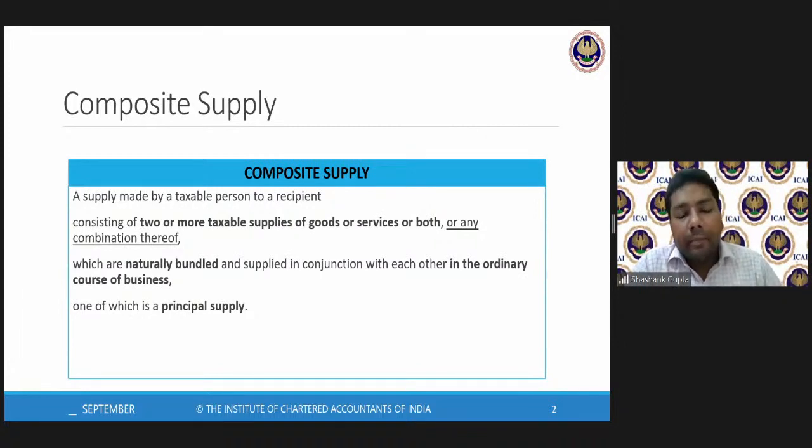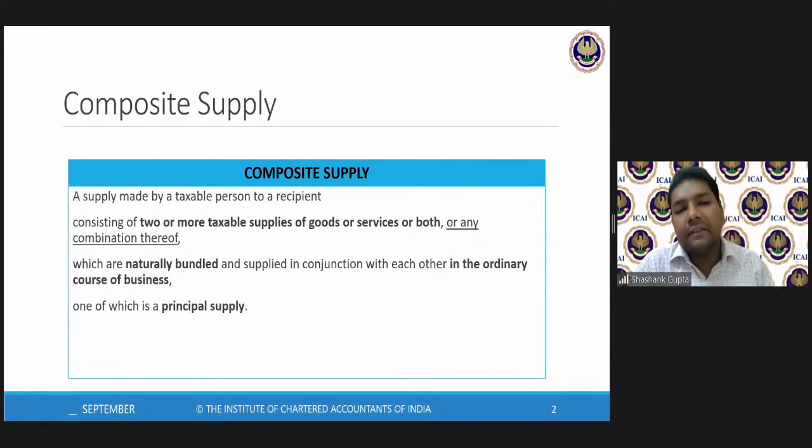So the basic idea being that they wanted to create such a big bracket of supply that within that, they could cover as many aspects as possible for giving a holistic coverage to all the events which existed prior to implementation of GST. Now, I'm just giving you a historical backdrop, okay?